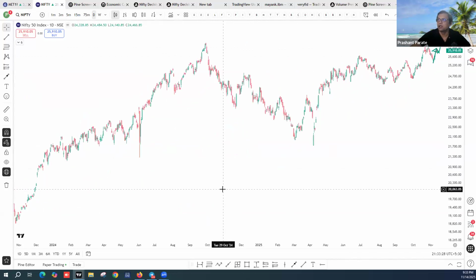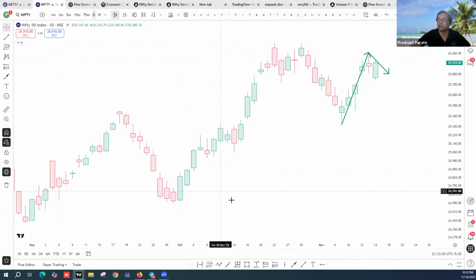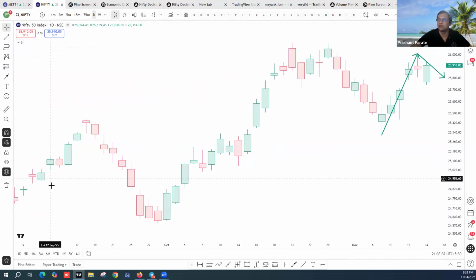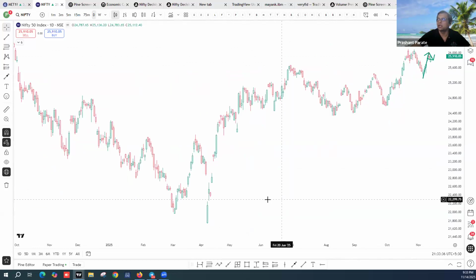It's blurred, and it should not be too zoomed out like this. Only a few candles are visible and we are not able to see much information. So basically I keep it like this so that adequate candles are visible and we can get good information about what is happening. And this left side is more important than only this right side.